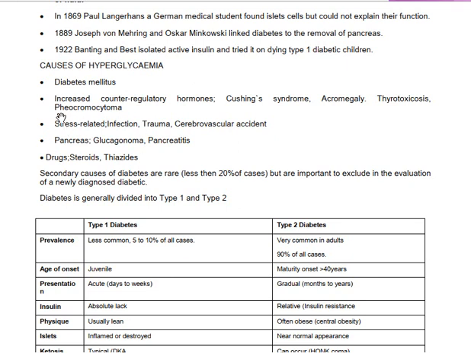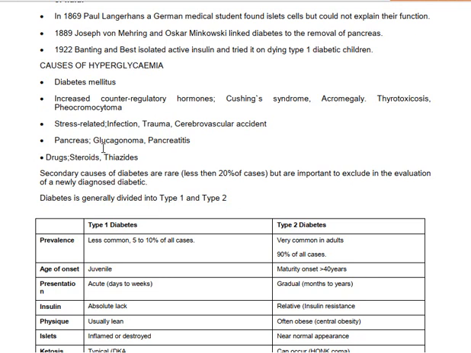Now, you can also have stress. In case of stress, which is associated with the release of cortisol, you can have cortisol secreted that stimulates glucose production. Stress-related effects such as infections, trauma, and cerebrovascular accident can all cause hyperglycemia. The next is the pancreas.